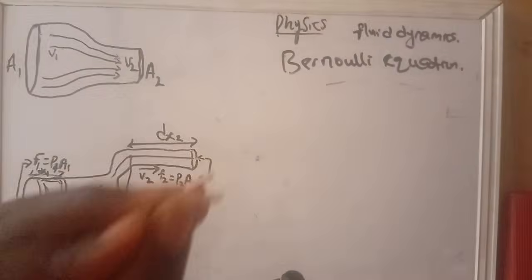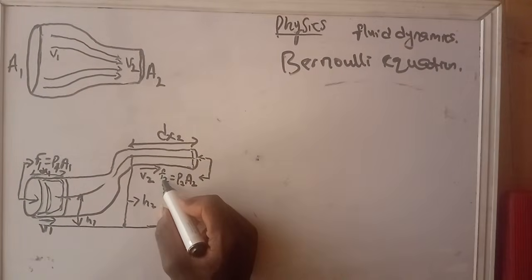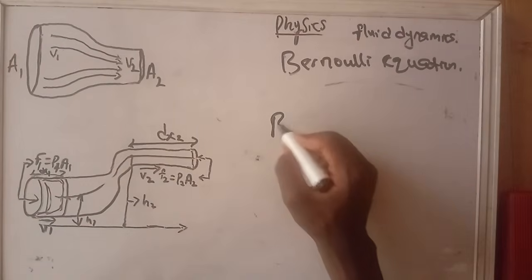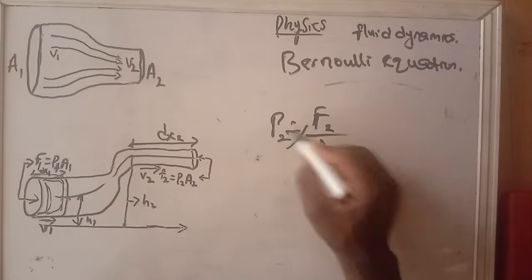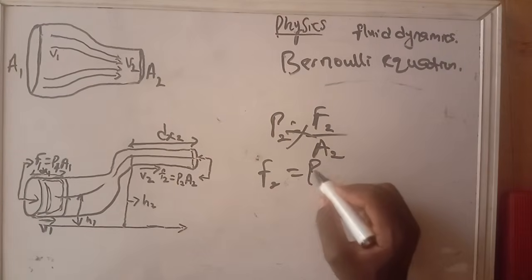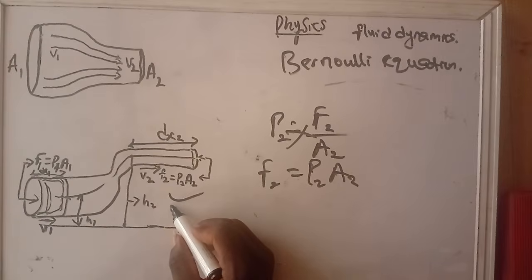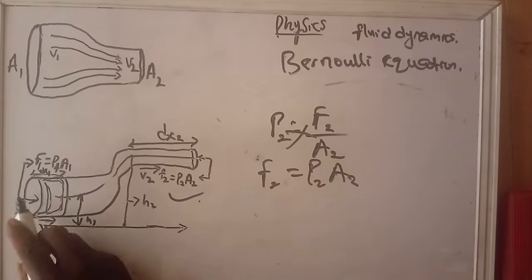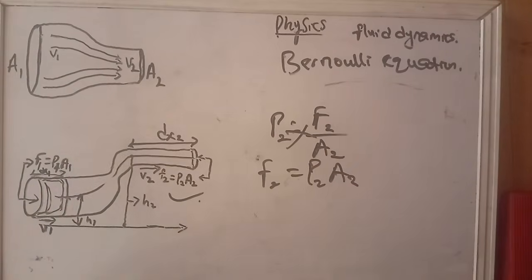And that pressure has a force. We call it pressure force. So at this point, we have our F2. If pressure equals force over area, then force equals pressure times area. That's what we have here. F2 equals P2A2. Same thing at this point, there's another pressure force, equals P1A1.